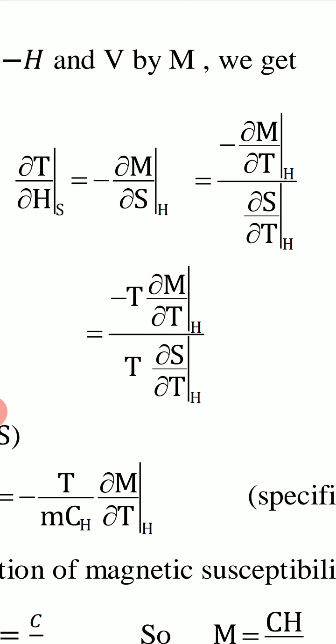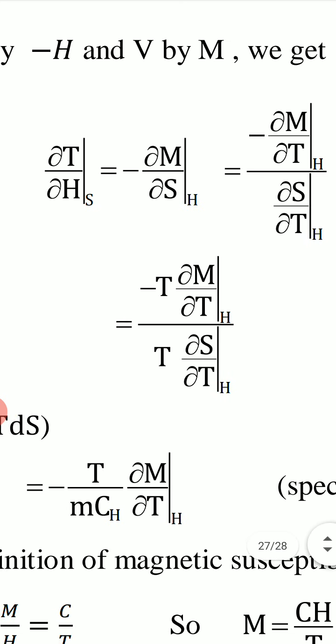Now the left hand side is delta T upon delta H. We want to find delta T, change in temperature. Since the cooling is produced, we want to know how the temperature is reduced. And we are demagnetizing the substance, so magnetic field is changed.